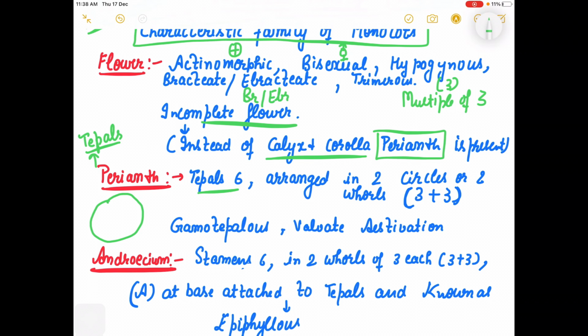They are arranged in 2 circles. 1, 2 and 3, that is the outer whorl, and then 3 are arranged in the inner whorl. 1, 2 and 3, right? So 3 plus 3, they are arranged in 2 circles, that is 2 whorls. They are gamotepalous, fused, and valvate aestivation will be observed there.